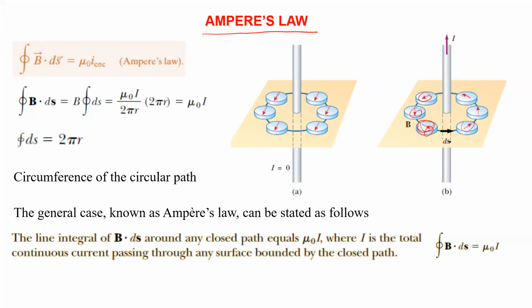Circularly, but that field is perpendicular to the plane of the conductor, okay. So we get a magnetic deflection. In that case we can define it as given by Ampere, that is the line integral of B dot ds.